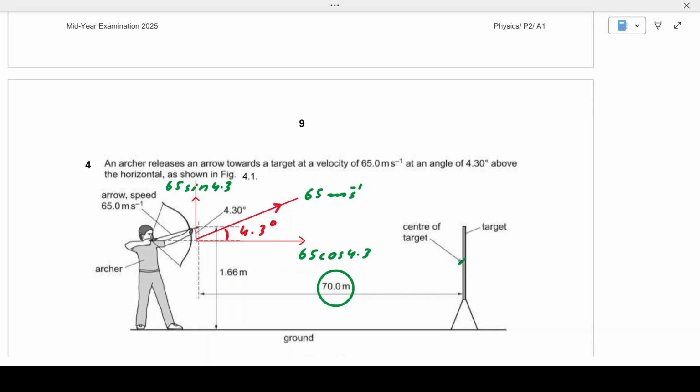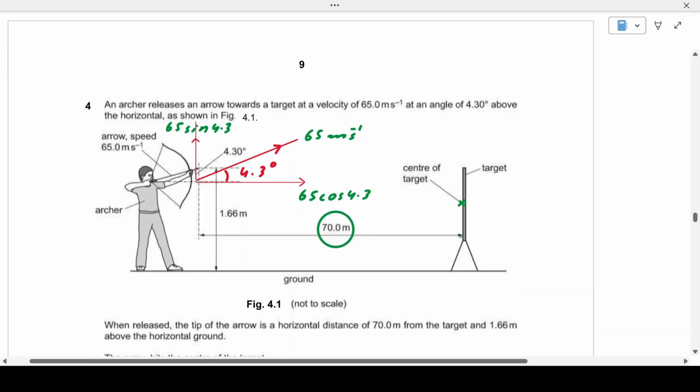In order to calculate the height of the projectile which hits the center of the target, we'll have to use vertical motion. So let's go with this one.